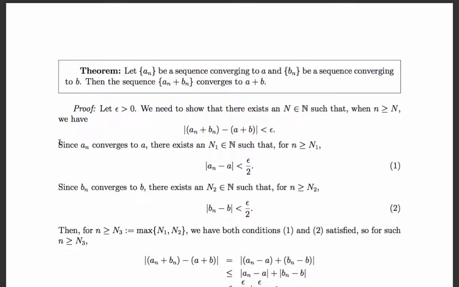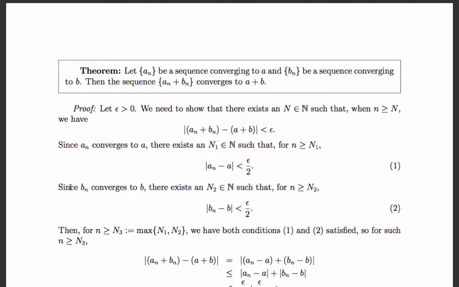What do we know? We know a_n converges to a. Then the definition of what that means is there is some natural number, let's call it n1, and if little n is greater than or equal to n1, then the absolute value of the difference between a_n and a is less than half of epsilon.